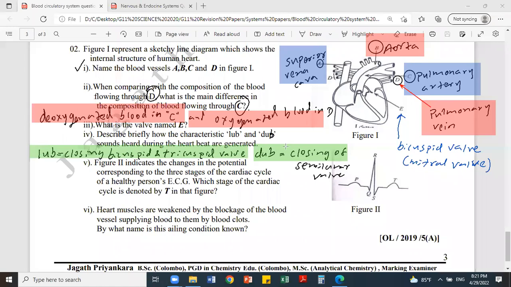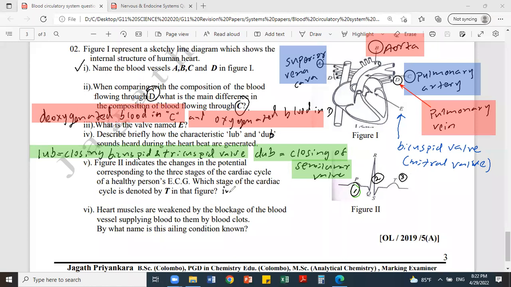Next one, part 5. Part of the ECG is given here, asking what is represented by T. You can see here that there are 3 parts. Number 1 is P, number 2 is QRS, and number 3 will be T. So this T represents the interval, that means complete cardiac diastole, relaxation of the ventricles.